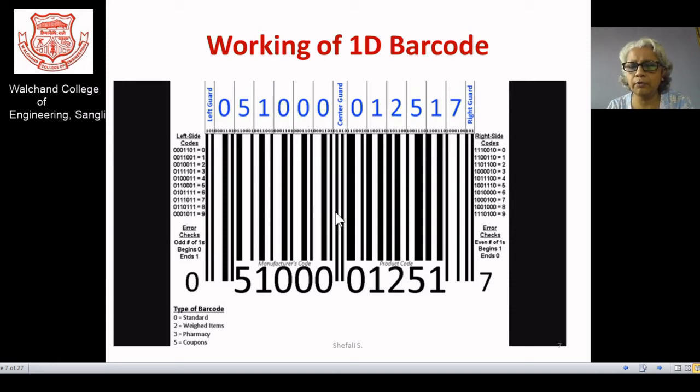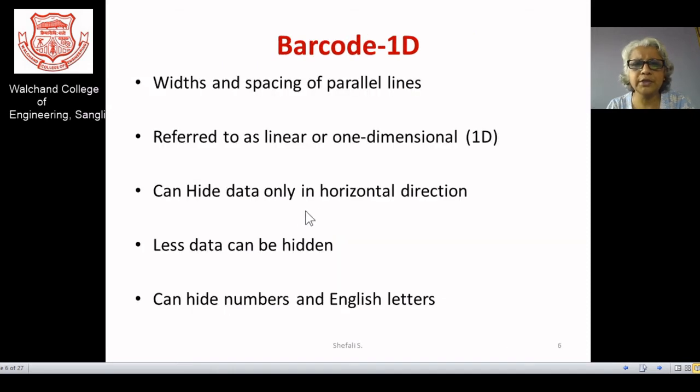This is all about barcodes. Those barcodes are useful for a small amount of data, and they can hide data only in the horizontal direction. That means the width is very important.